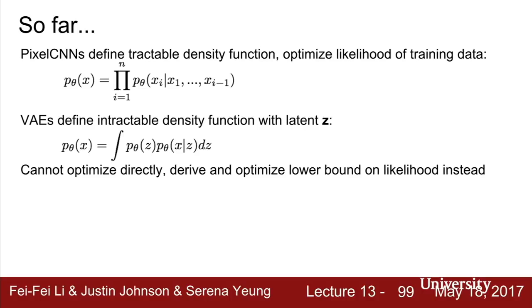And then VAEs, in contrast to that, have this additional latent variable z that they define in the generative process. Having this z has a lot of nice properties that we talked about, but it also causes us to have this intractable density function that we can't optimize directly. And so we derive and optimize a lower bound on the likelihood instead.